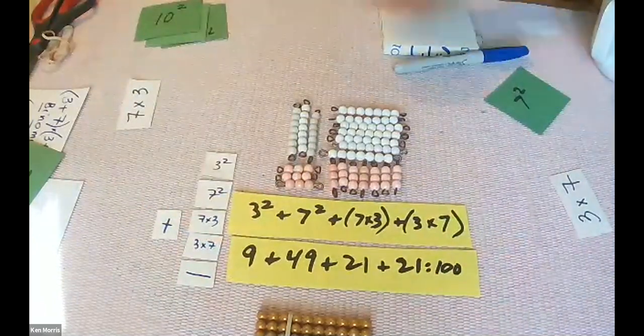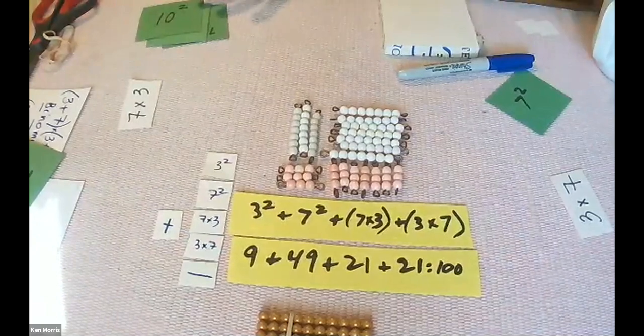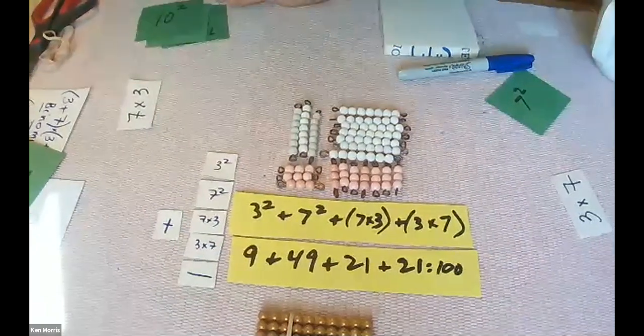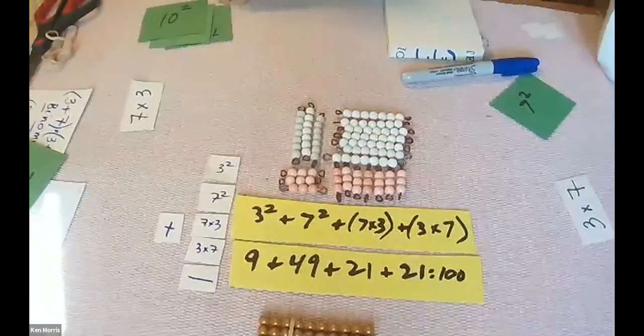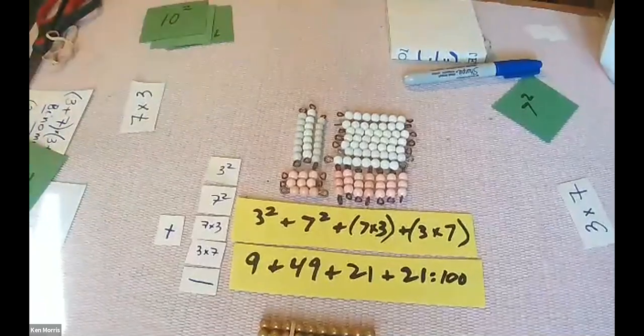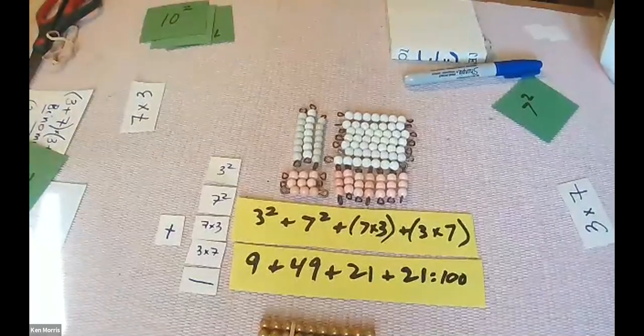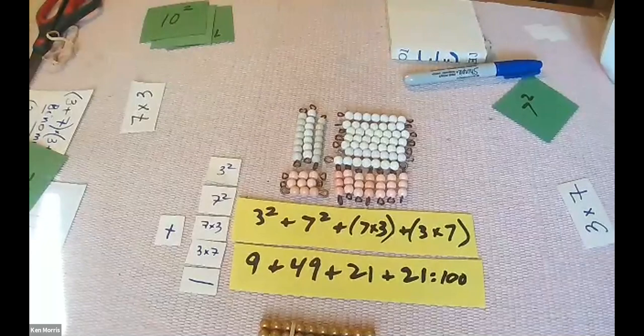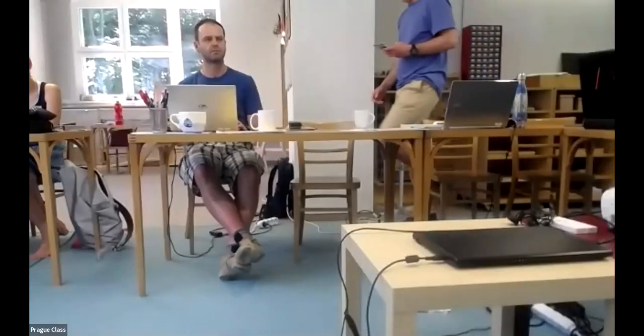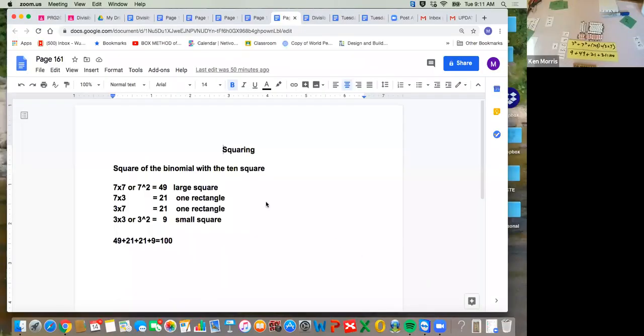I'm going to share my screen with you again so you can see this all written out. And again, I will share these things on Google Classroom. Maybe I already have. All right, share screen, share, and there it is. 7 times 7, or 7 raised to the 2 power.